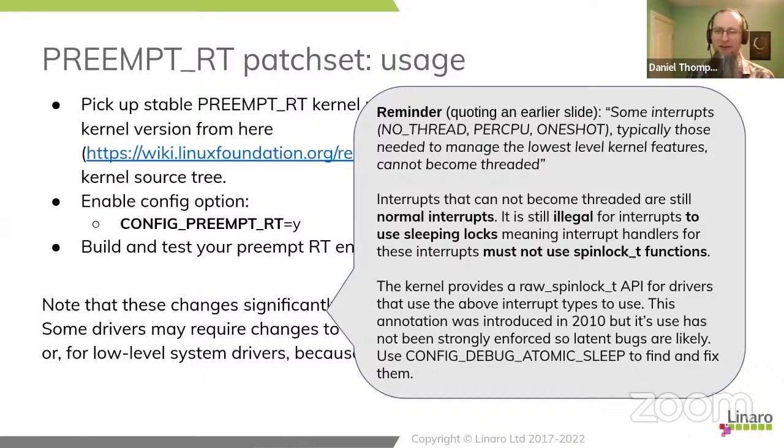So anything that uses this type of interrupt should have originally been written to use the raw spin lock API. If you are writing an IRQ chip driver, it should have been written to use the raw spin lock API. But many maintainers were a bit fuzzy about the difference between the two spin locks, and don't select the correct ones all the time.